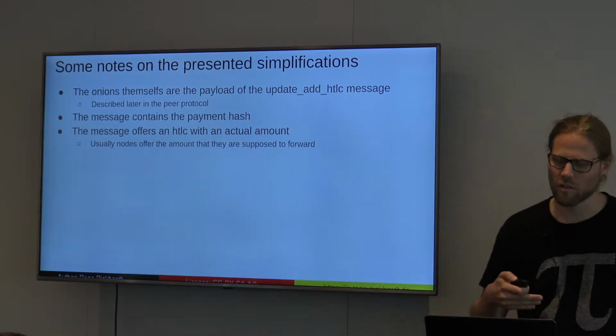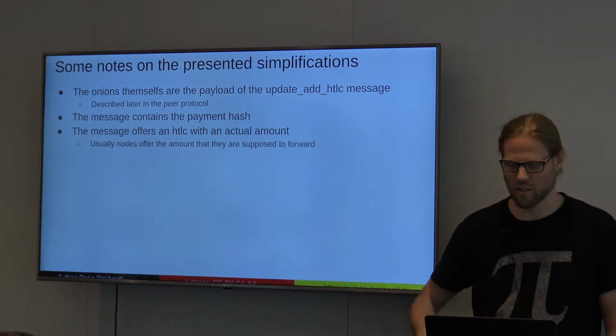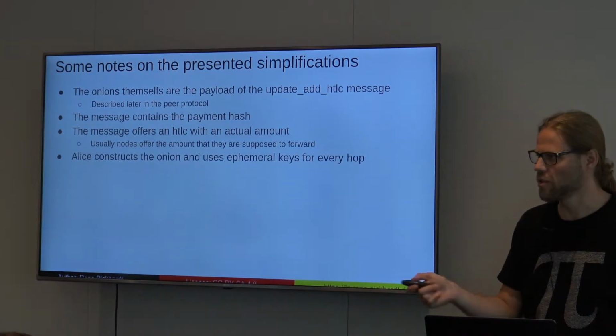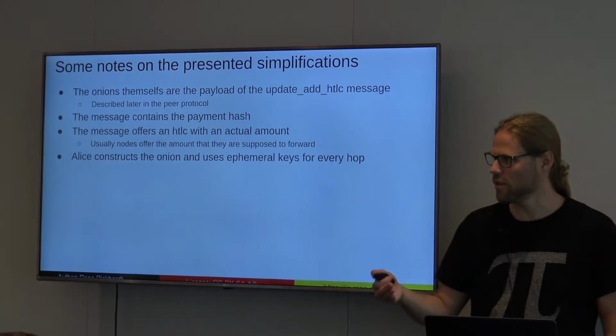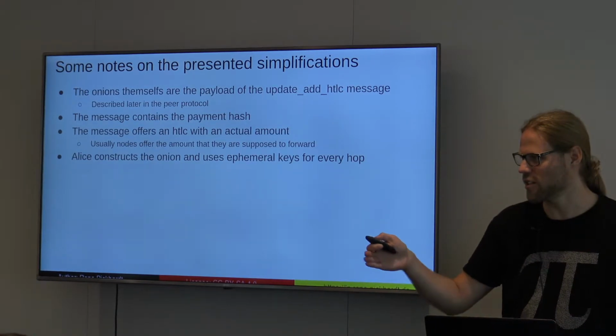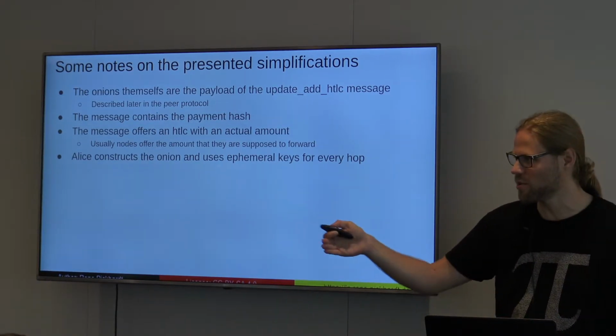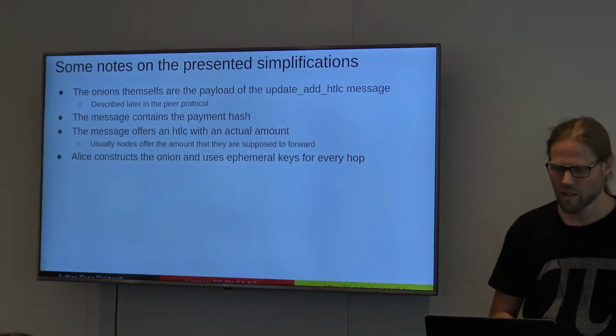So usually the nodes offer the amount that they are supposed to forward. I mean, they could mess around with this, but then the routing process will probably fail, right? Because if they forward less than they're supposed to, the next person doesn't have enough fees. So why would they do this?